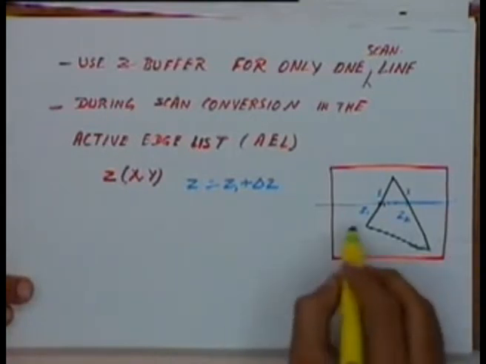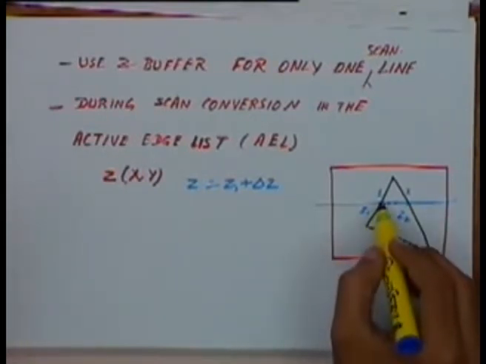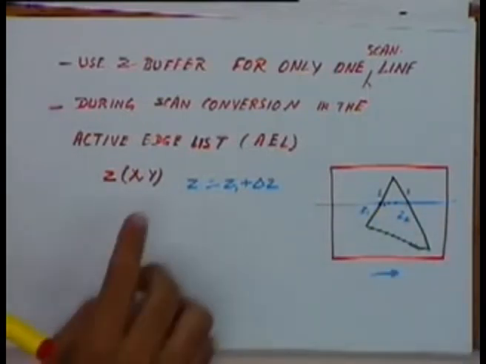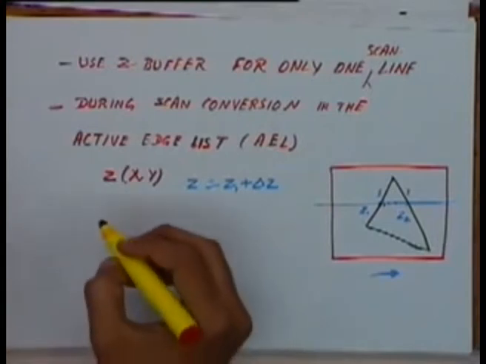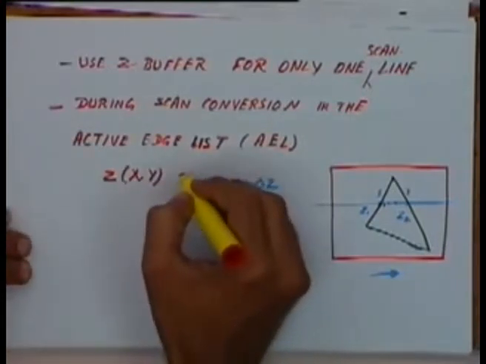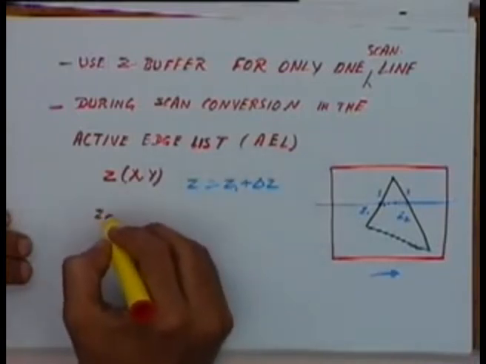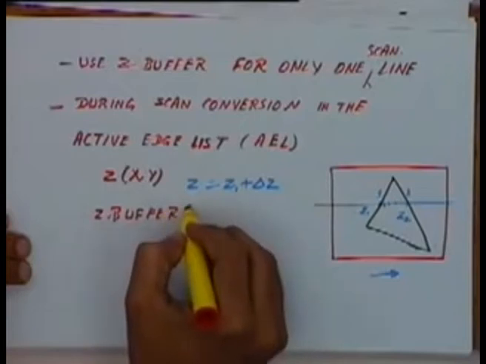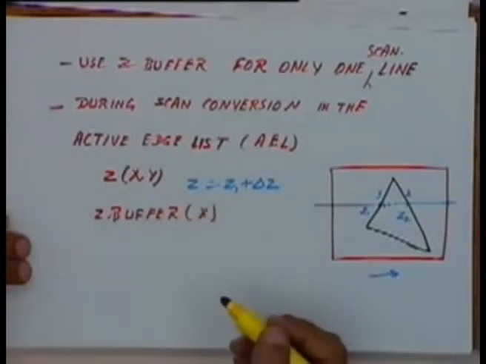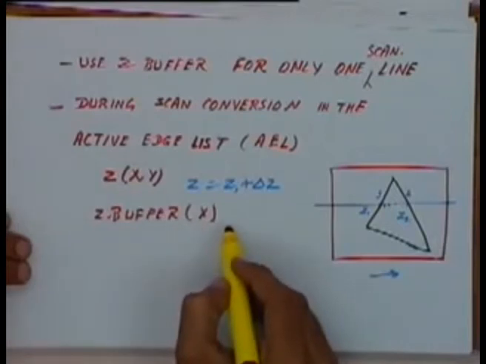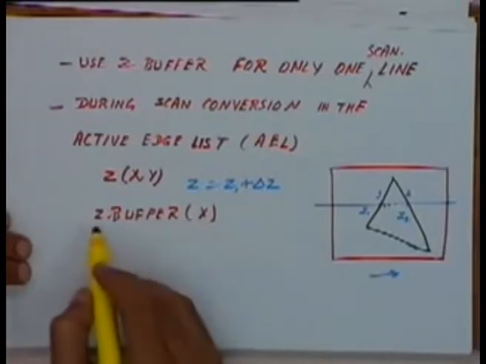And as we compute z of x, y, we will compare z of x, y with the Z buffer at x. In the previous algorithm we had Z buffer of x comma y. Now we will have only Z buffer of x.